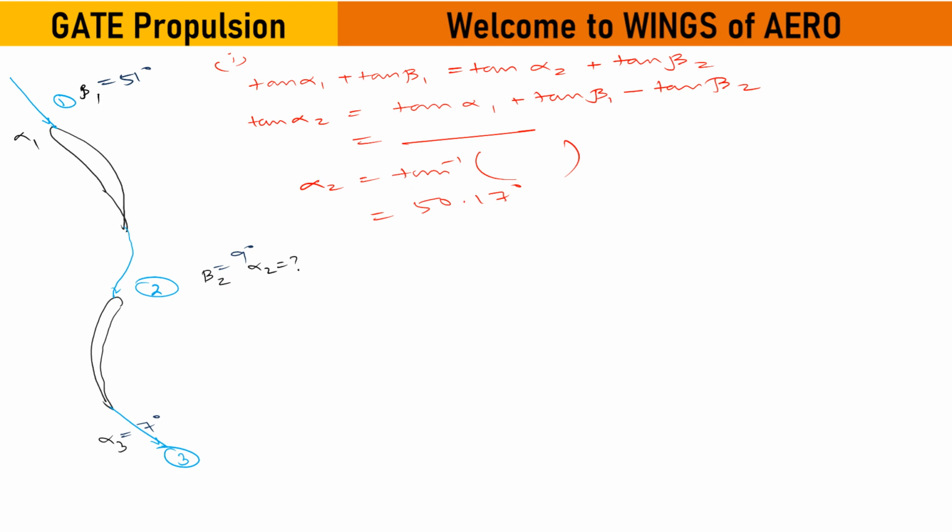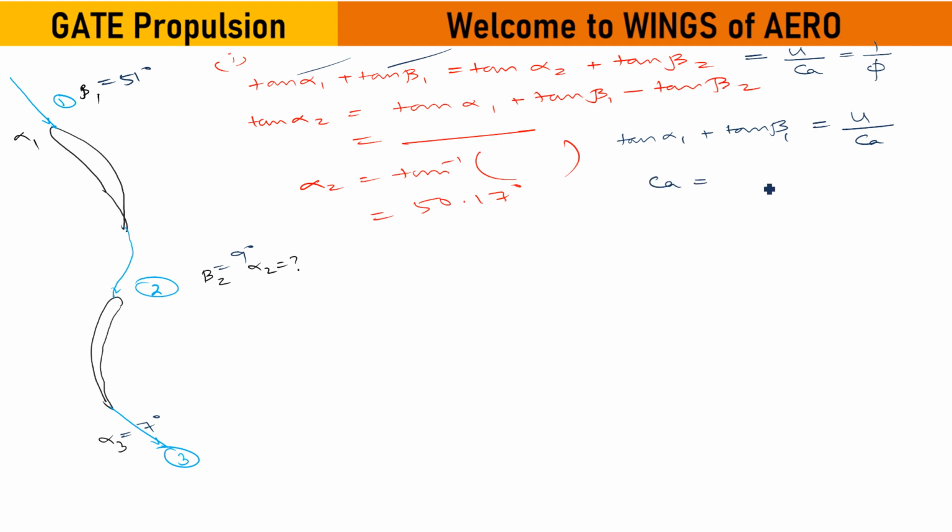It's nothing but equal to U by CA. You can also write U by CA, or the inverse of the flow coefficient. Now all these values are known. Take any one of it. So if you take tan alpha 1 plus tan beta 1 equals U, which is known, 100 by CA.